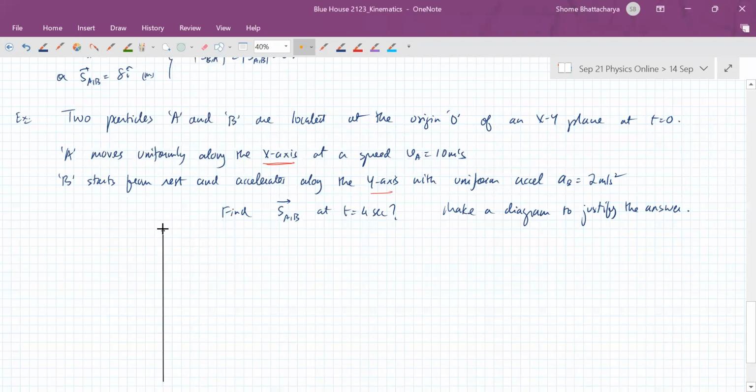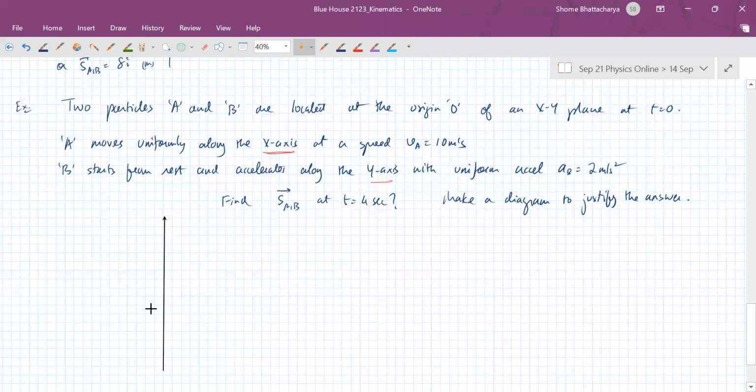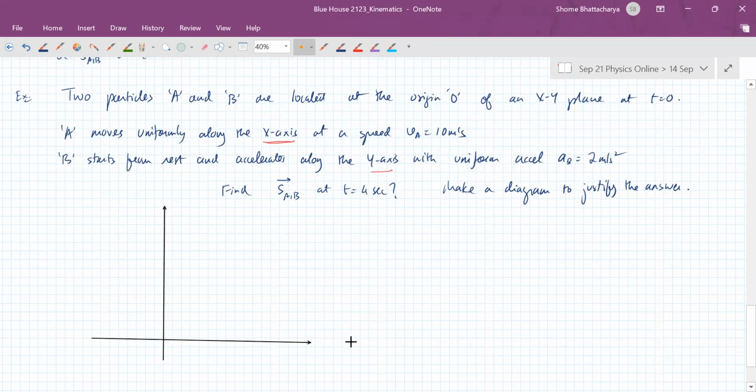So you can do the question just by equations also, but I will first draw a visual picture to understand it better. So what is happening is that A and B are both located at the origin of our coordinate system initially at t equal to 0.